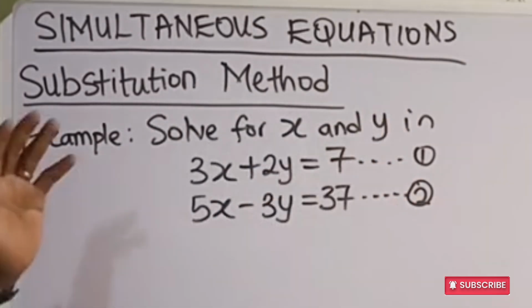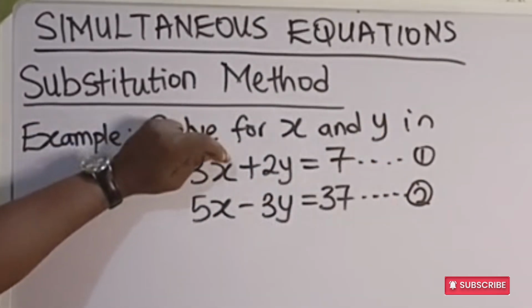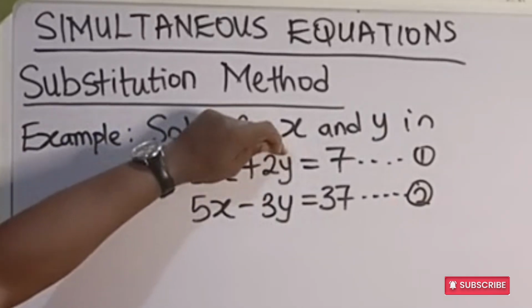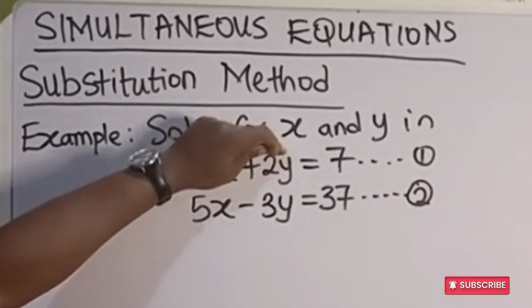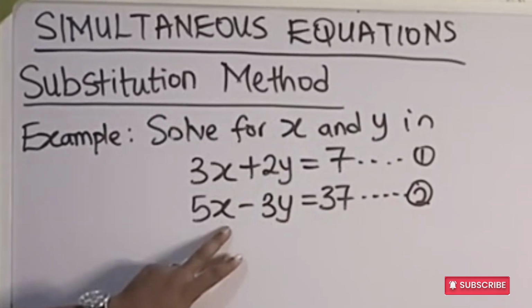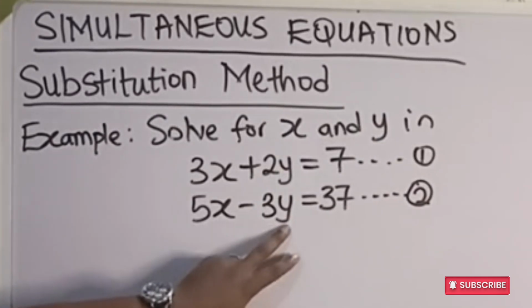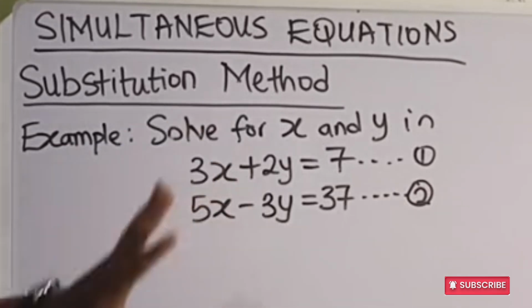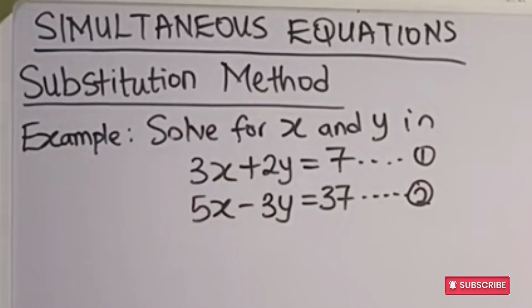So you can make x the subject of the formula in equation 1, or y the subject of the formula in equation 1. Also, you can make x the subject of the formula in equation 2, or y the subject of the formula in equation 2. Whichever one you choose, you are correct.